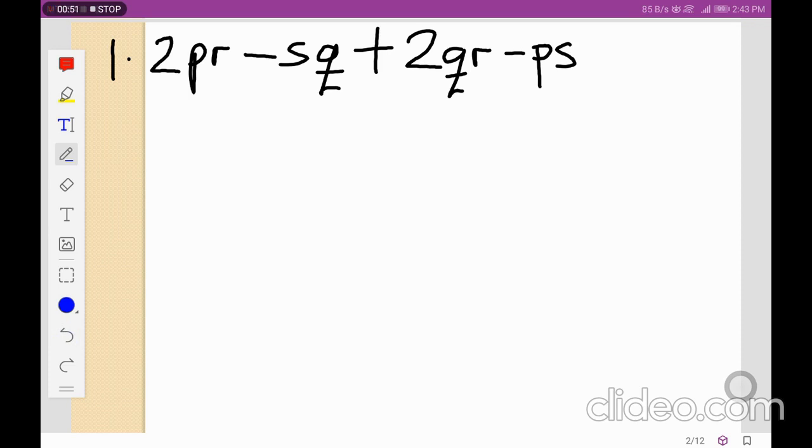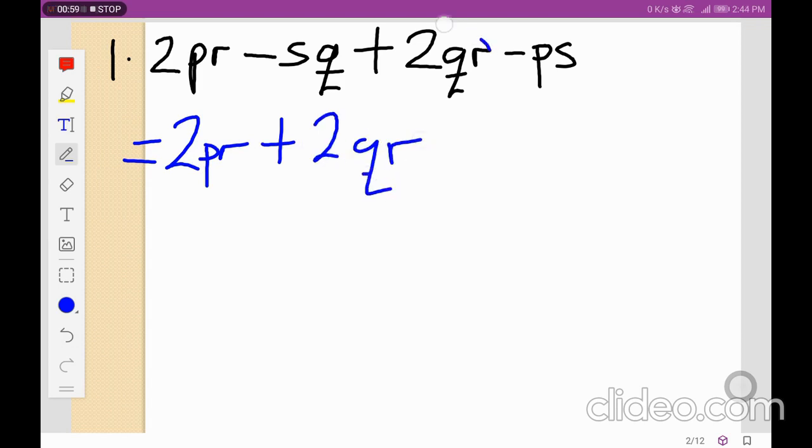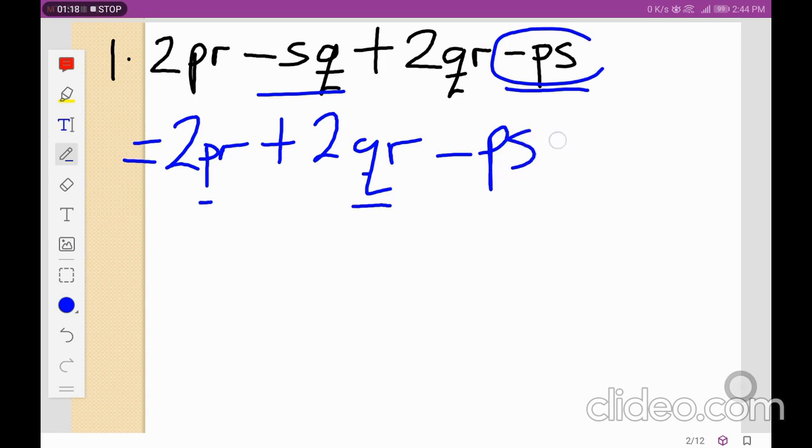So I can take, for example, in this case, 2PR plus 2QR, like that. I'm taking this term as it is, okay, like that. Now I'm going to take these ones that are remaining. So you find out for the first one, I've got P here and Q there. Here I'll take the P first, so I'll have minus PS, then I'll take minus SQ, like that.